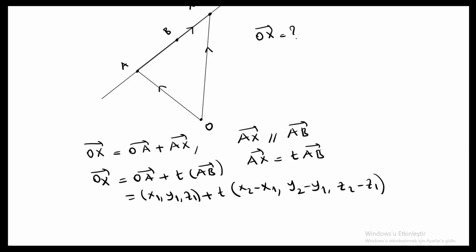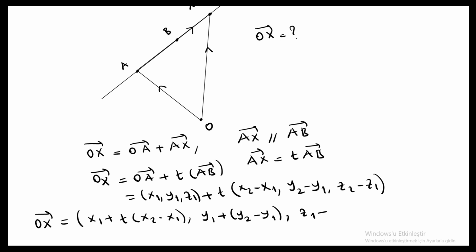So from here, OX becomes x1 plus t times (x2 minus x1), y1 plus t times (y2 minus y1), and z1 plus t times (z2 minus z1). Here we have t.